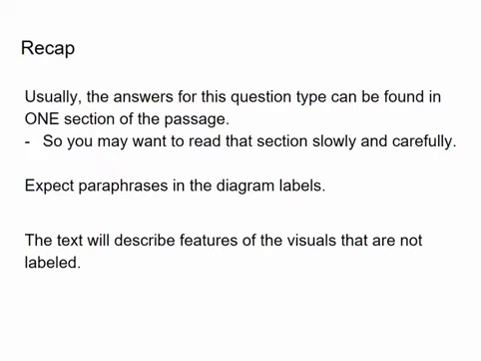But like we saw earlier in the lesson, expect that some things will be described in the passage but not labeled in the diagrams. Okay, so this is our diagram completion question type for IELTS reading. You can find this question type on the academic and the general training versions of the exam. So now you know what to do and how to approach these questions when you encounter them on the test.